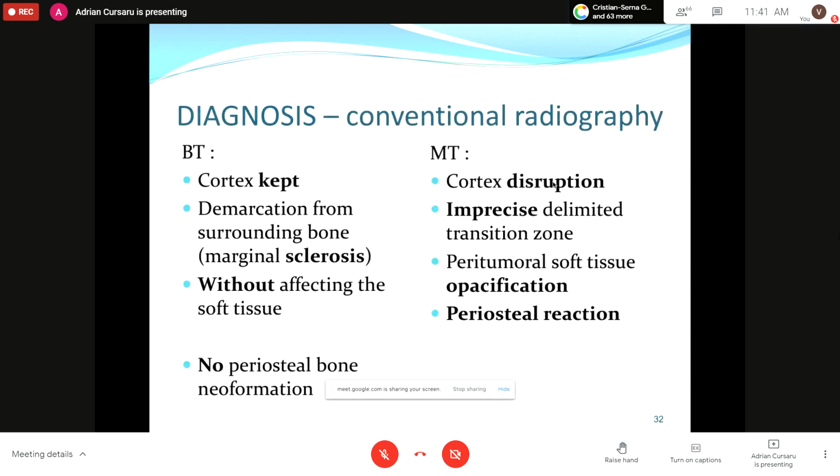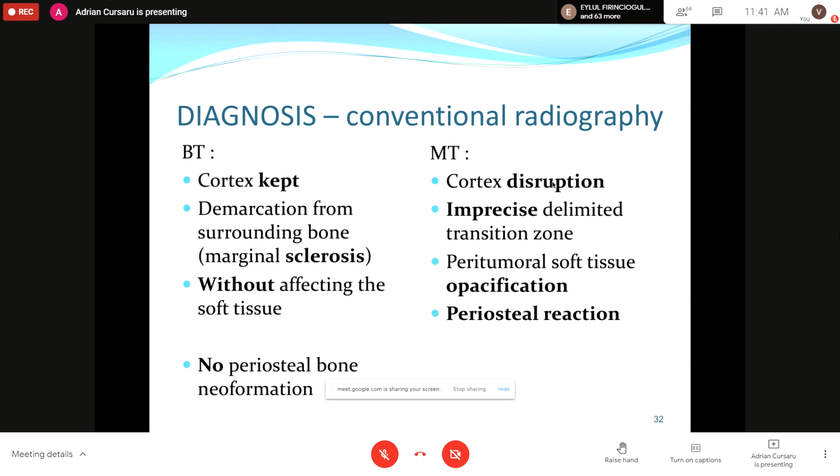The cortex in bone tumors: in a benign one, the cortex is skipped, with demarcation from the surrounding bone, marginal sclerosis, without affecting the soft tissue. That isn't quite correct, because you cannot see the soft tissue on the X-ray. For the soft tissue, you have to ask for the vessels, for the muscles, for naming the type of the tumor.